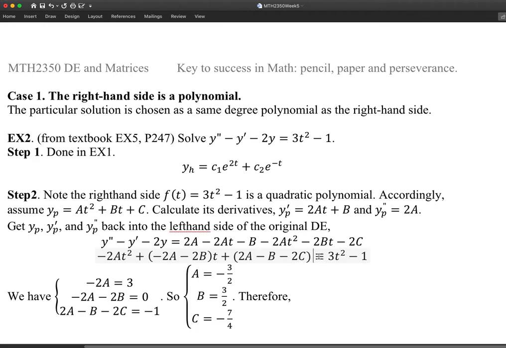And again, this three-bar notation may look a little weird, but anyway, in some way it is no different from two bars. It just means equal, okay. I meant to say the left and right should match exactly. So indeed, there are not a lot of ways to match exactly because A, B, C are all unknown.